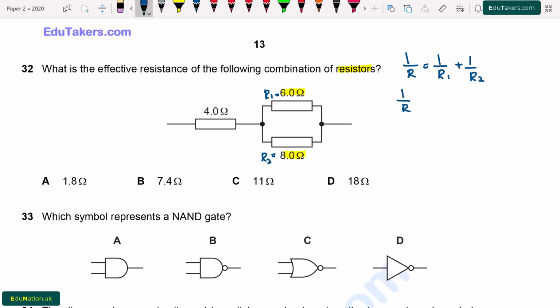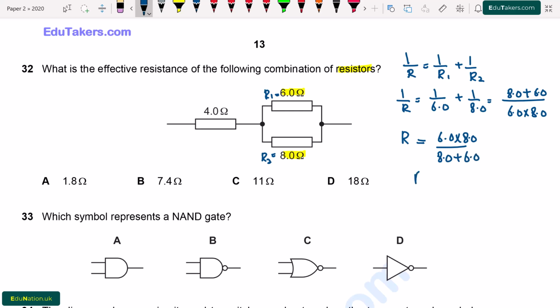I suppose that this is R1 and this is R2. So 1 over R is equal to 1 over 6.0 plus 1 over 8.0, so the value of R will be equal to 6.0 multiplied by 8.0 divided by 8.0 plus 6.0.